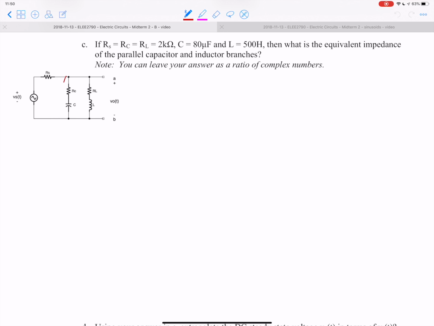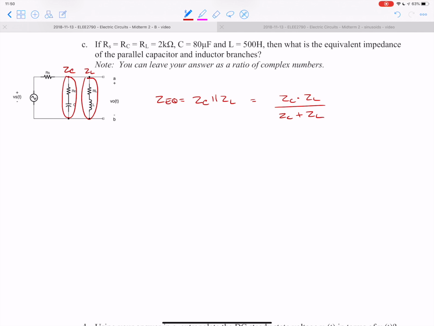If we denote this as your capacitor branch and this as your inductor branch, then what we're looking for is ZEQ is equal to the parallel combination of these two, which is simply equal to ZC times ZL over ZC plus ZL. And of course, you can leave your answer in a ratio of complex numbers because this is a little bit of a messy thing to do.